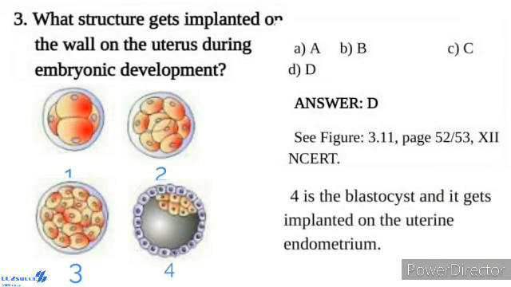Question number 3. What structure gets implanted on the wall of the uterus during embryonic development? Shown in the diagram, transport of ovum, fertilization and passage of growing embryo through the fallopian tube.